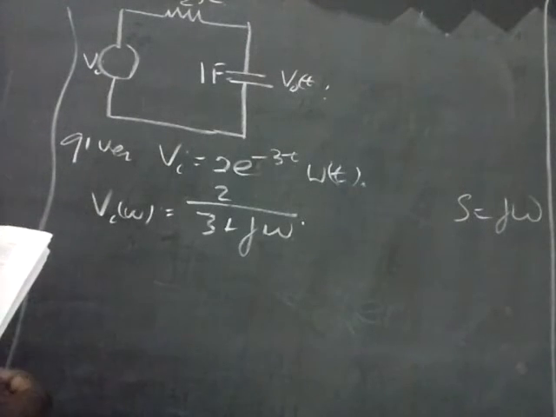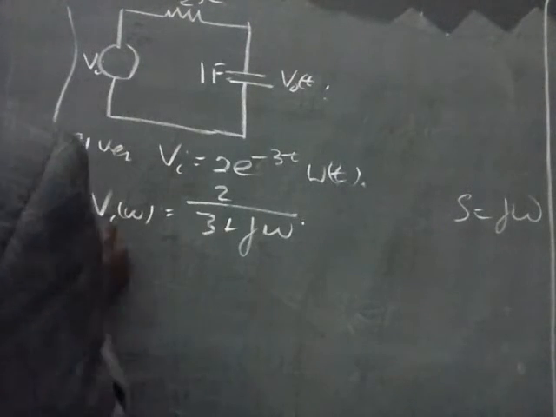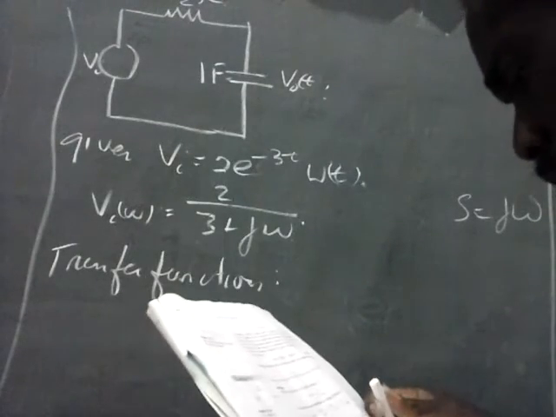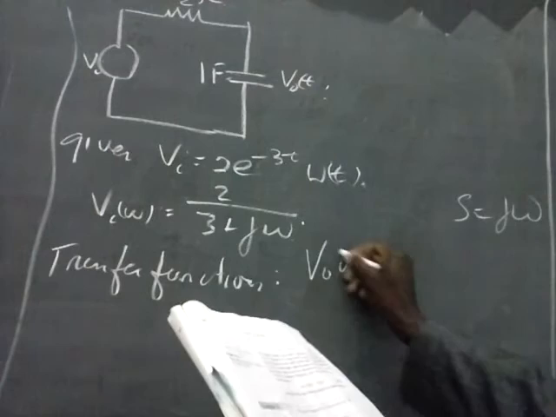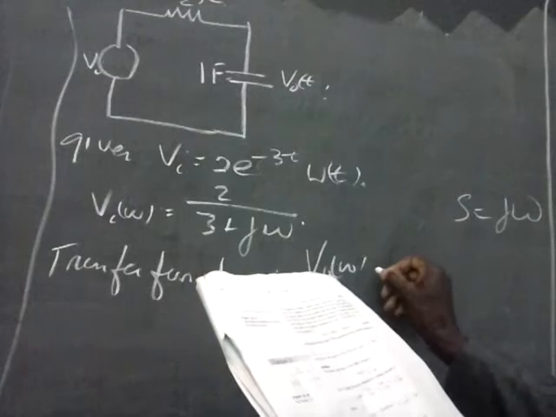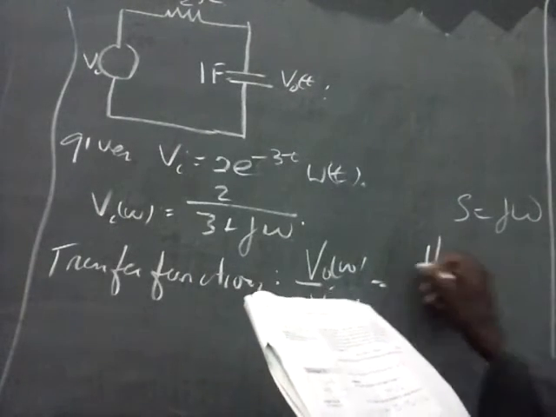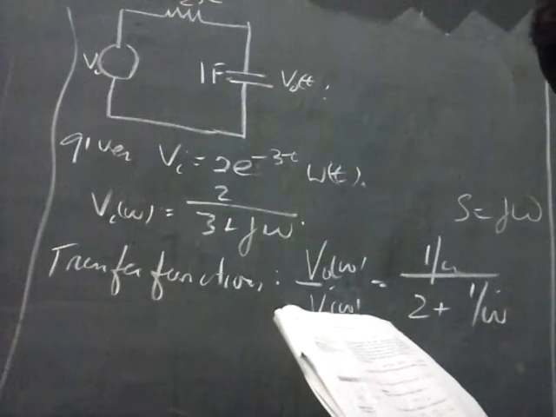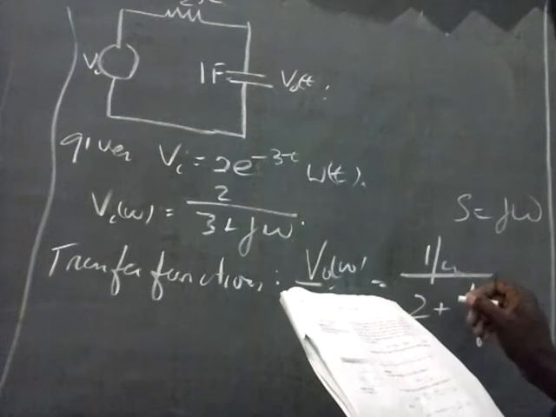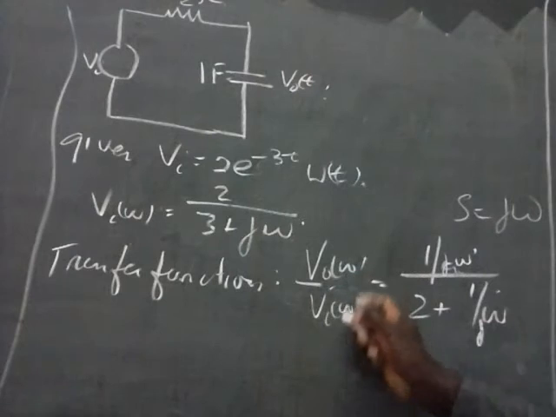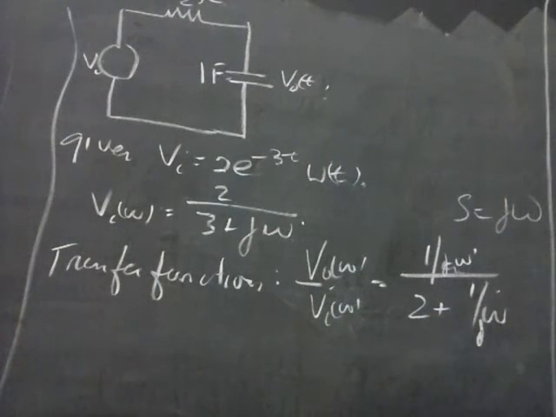And now the transfer function obtained by voltage division is V0 of omega over Vi of omega, equal to 1 over j omega over 2 plus 1 over j omega.